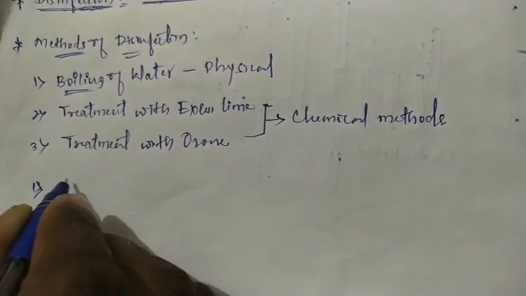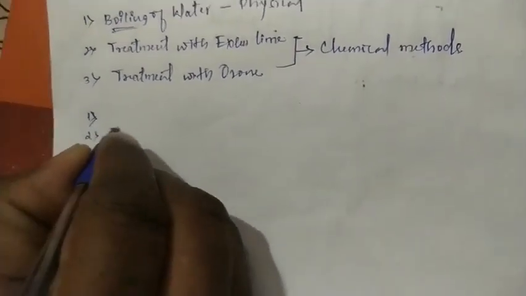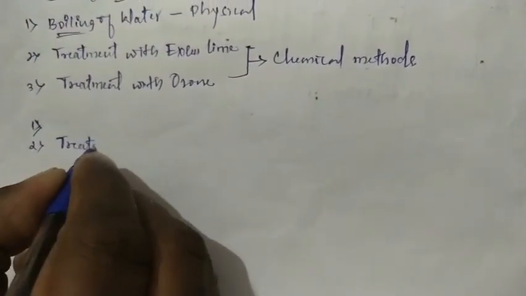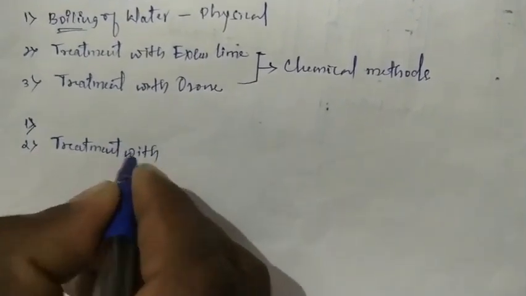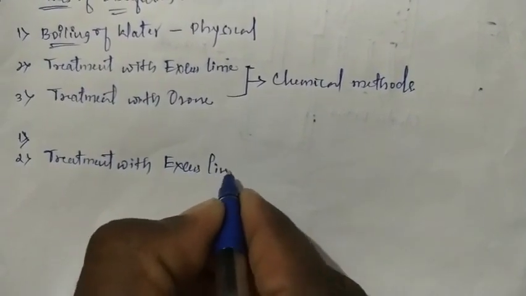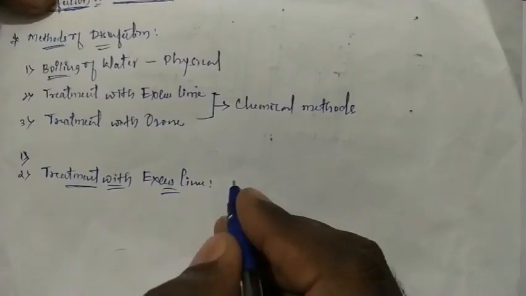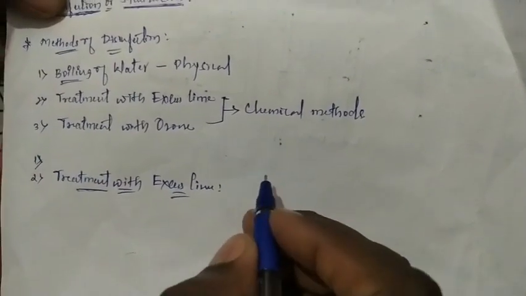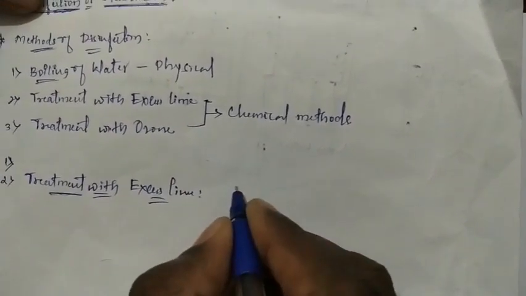Okay, the second one, treatment with excess lime. Lime is generally used for water softening or water purification.